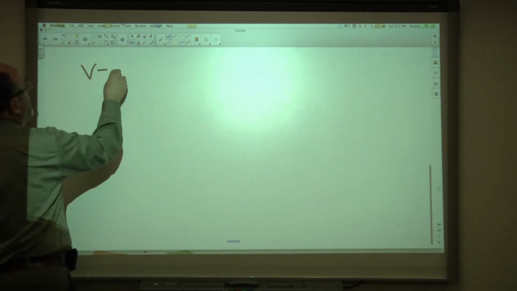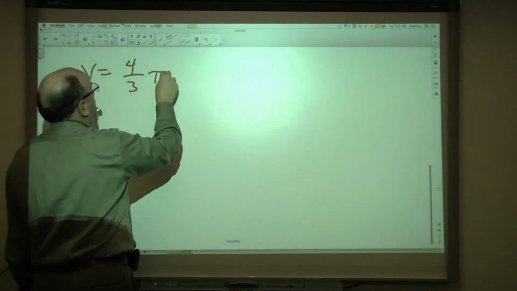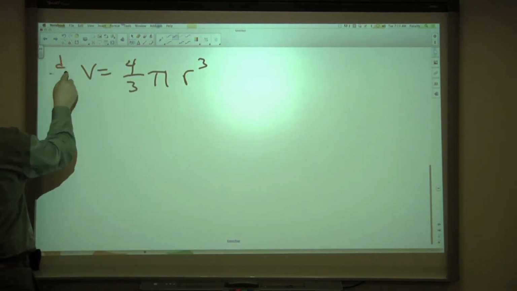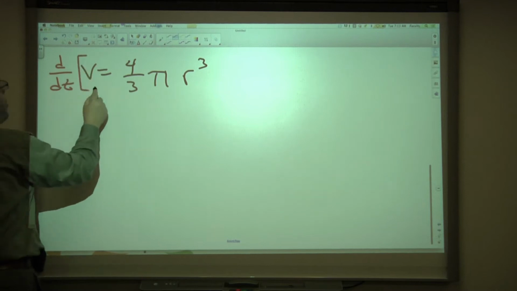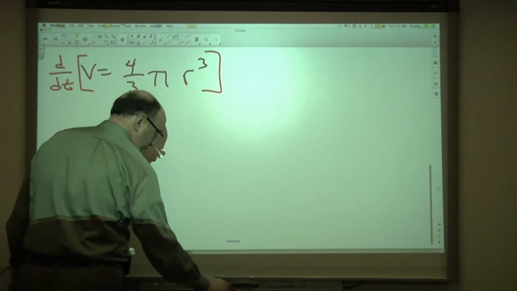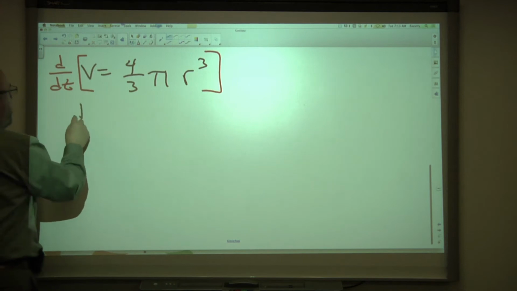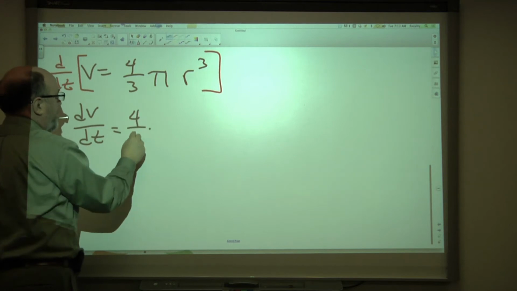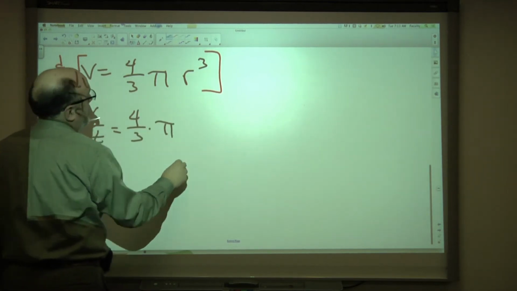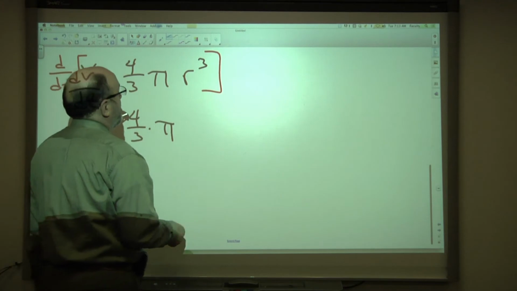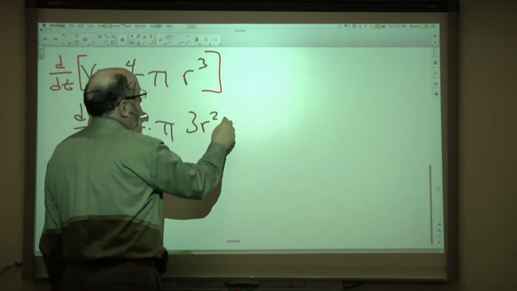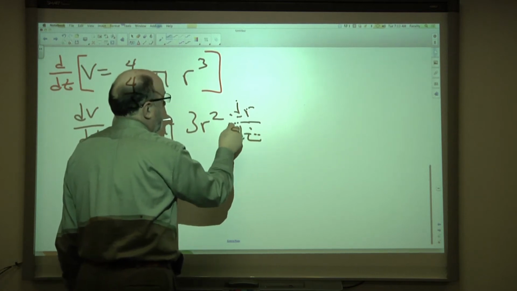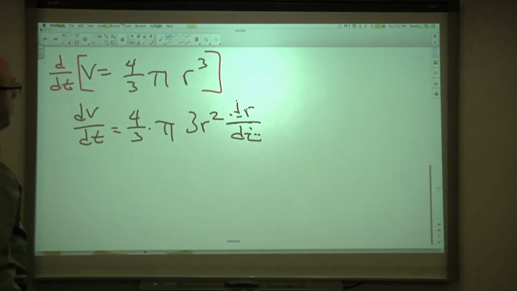So we had V equals 4/3 pi r cubed. We're going to take the derivative with respect to t, and so we'll have dV/dt is going to be 4/3 pi times the derivative of r cubed with respect to t, which is 3r squared dr/dt.